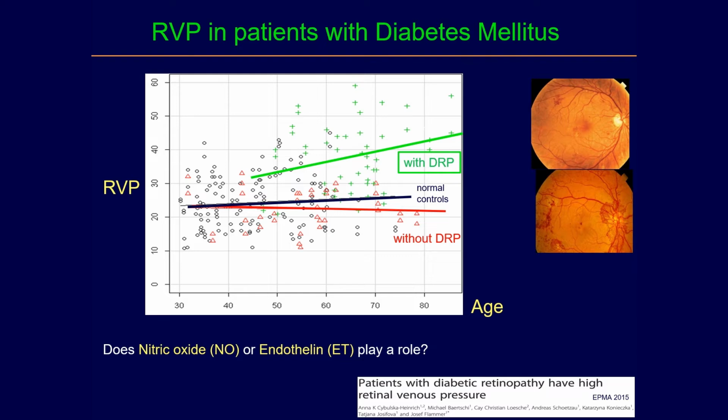In patients with diabetes, retinal venous pressure increases with the occurrence of a retinopathy, here marked in green. Therefore, we asked ourselves whether nitric oxide or endothelin might be involved in the regulation of RVP.